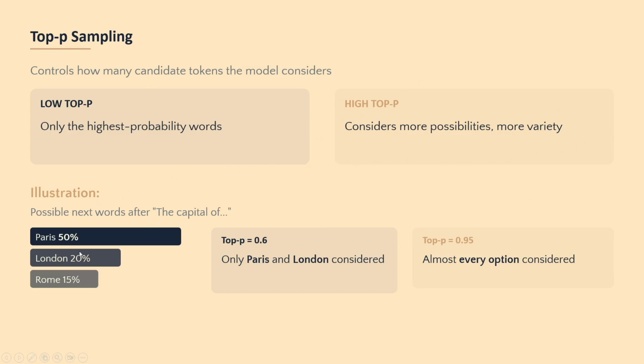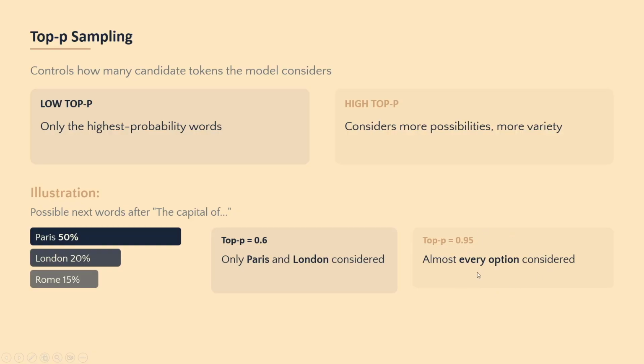Suppose you take this example, we are giving the prompt: the capital of France is. Suppose the output of the LLM has three options: Paris 50%, London 20% and Rome 15%. If we give top P equal to 1 or close to 1, we will get all three results here.